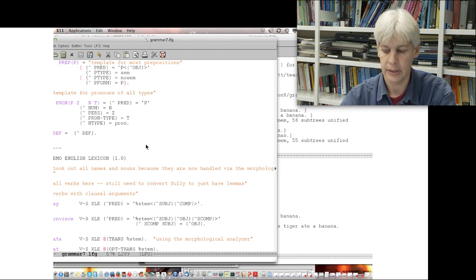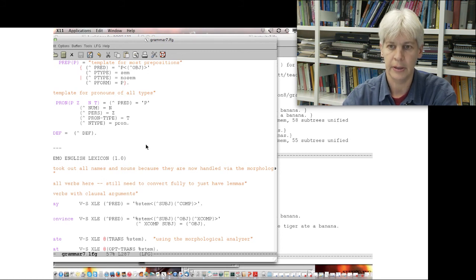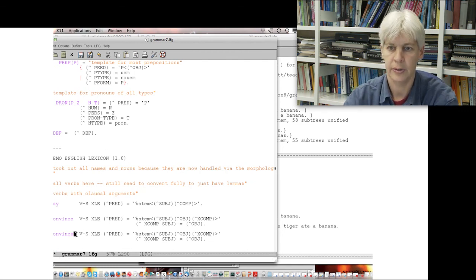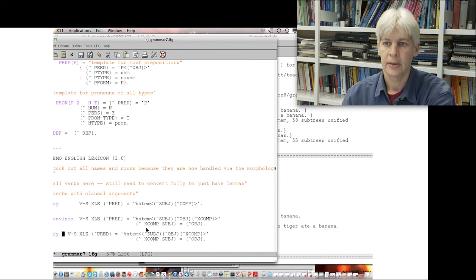Okay, here's convince. I'm going to copy this entry to save me some typing. Sophie tried to eat the banana, subject control verb. First entry, I have to make it, here's try. Sophie tried to eat. It doesn't have an object.